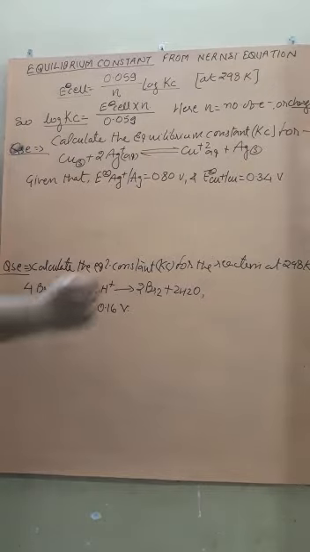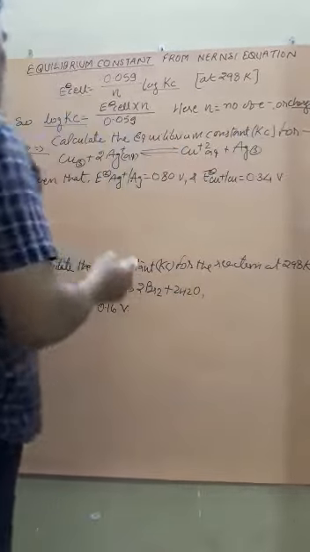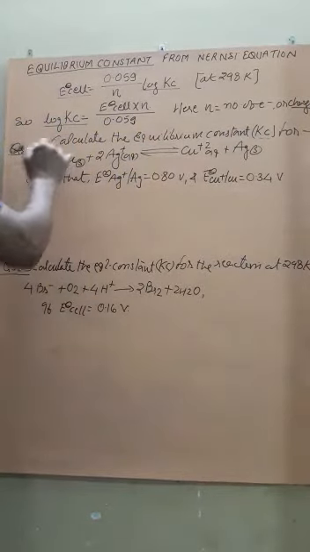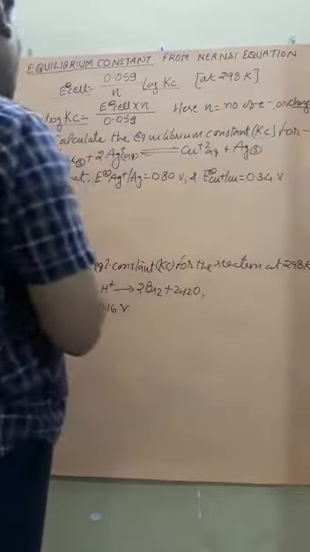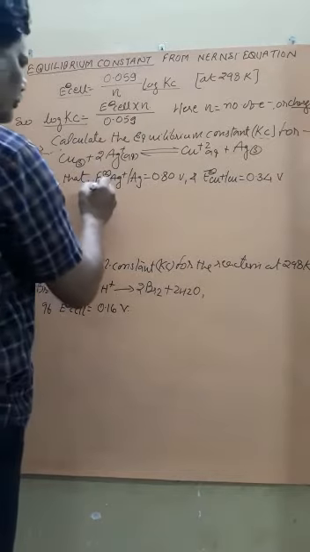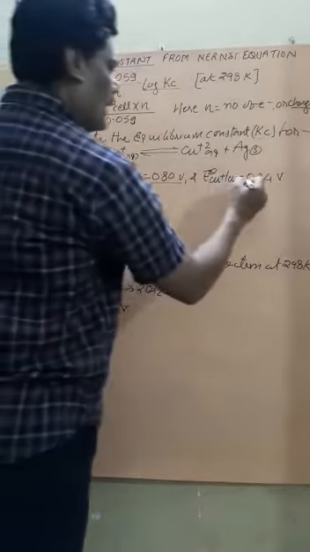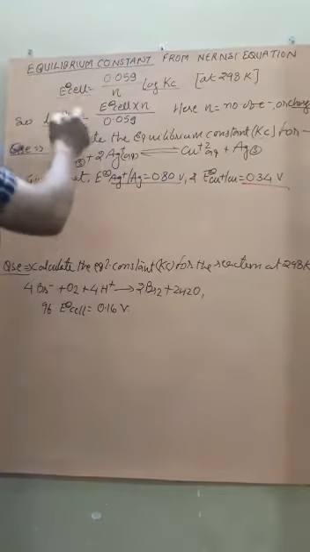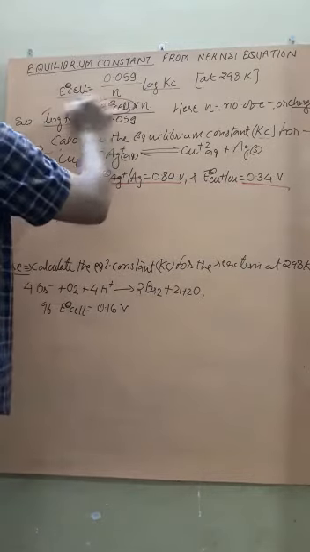So the question is: calculate the equilibrium constant, that is Kc, for the reaction given. This reaction is given at 298 Kelvin temperature. The two half cell electrode potential values are given, 0.80 and 0.34. So from the equation, we first need E standard cell.